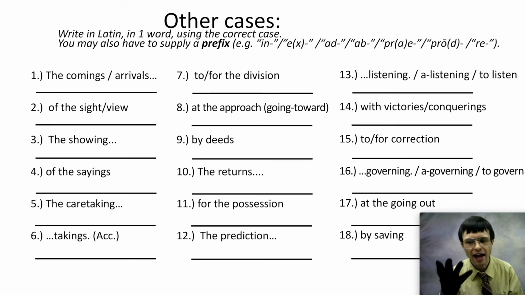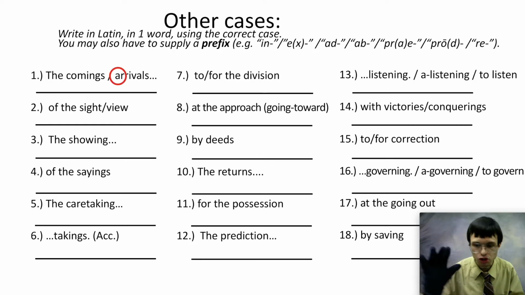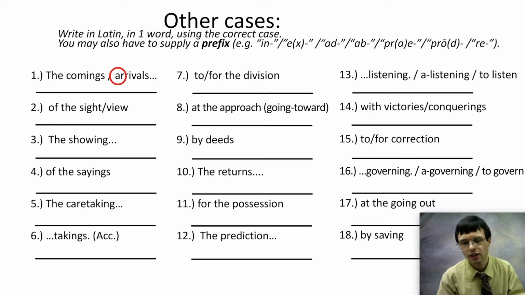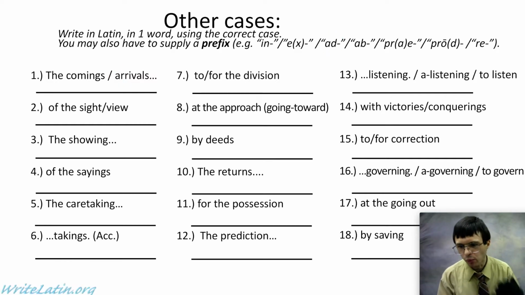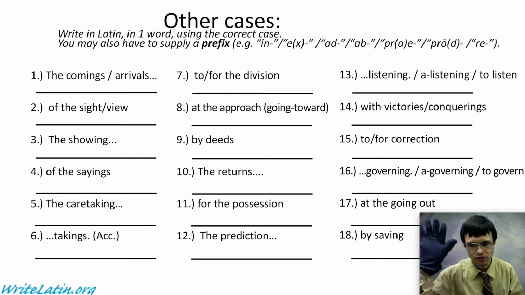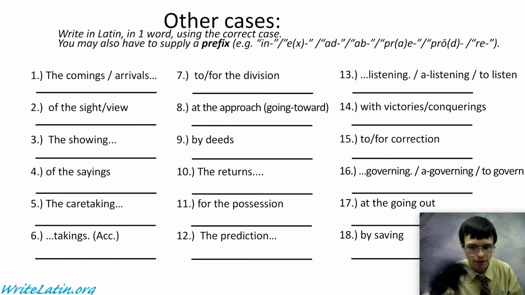That has the connotation of coming not just anywhere, but coming to or toward, to here. So you might want to add on the ad prefix onto that. So advenio, advenire, adveni, adventus, and then you just have to turn this into a supine, in this case a nominative one. So adventus is what it should be.